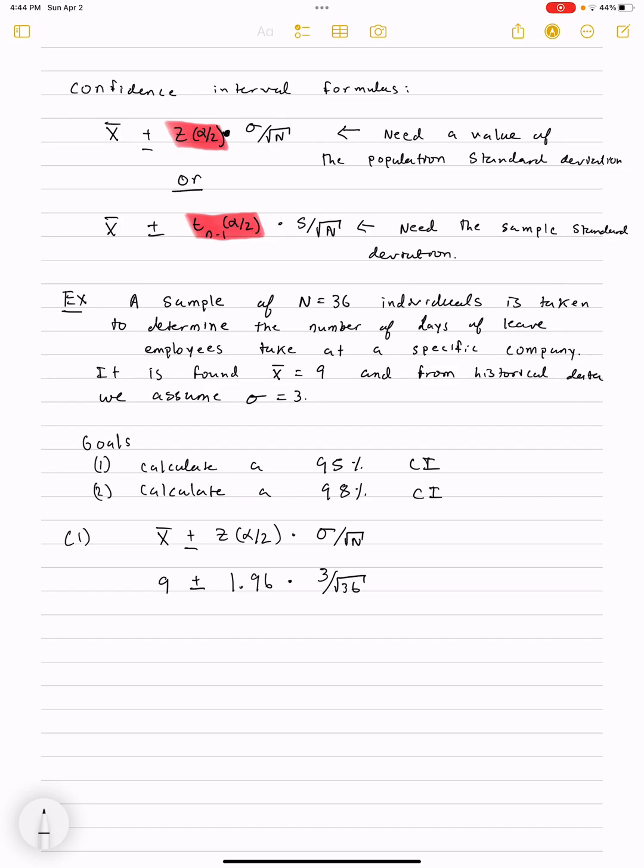So we have 9 plus or minus 1.96 times 3 divided by 6. I get 9.98. So that is the upper value. The lower value we just have to subtract.